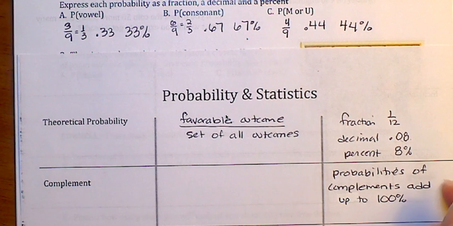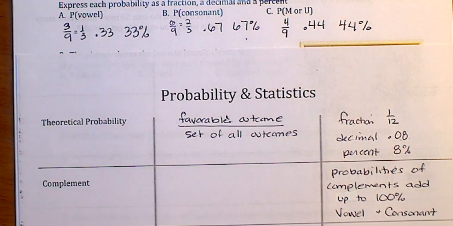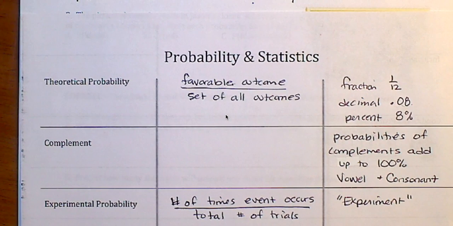Okay, so we'll write vowel and consonant. Those are complements. If you only have two color shirts in your closet, black and white, then the probability of choosing a black shirt would be the complement to the probability of choosing a white shirt. That's only if you have only black and white.